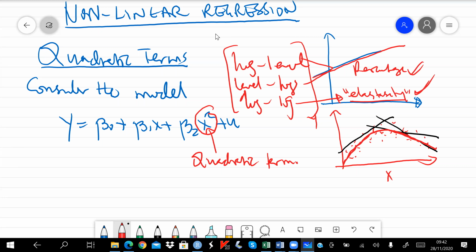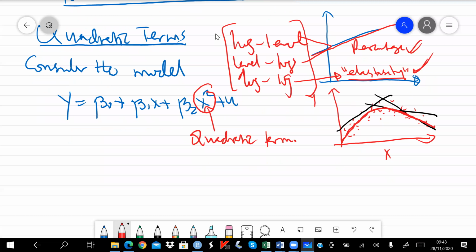Now, when you come to quadratic models, the interpretation of the regression coefficients beta 1 and beta 2 is not straightforward. In short, beta 1 and beta 2 are not slope coefficients. So we note that beta 1 is not a slope coefficient. That's a caution.